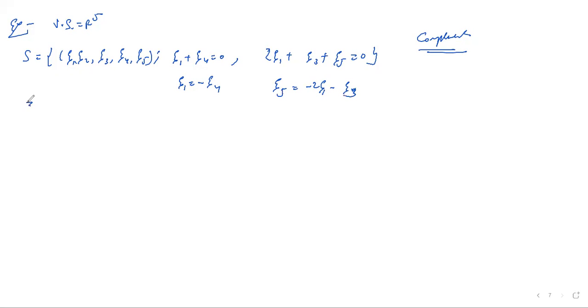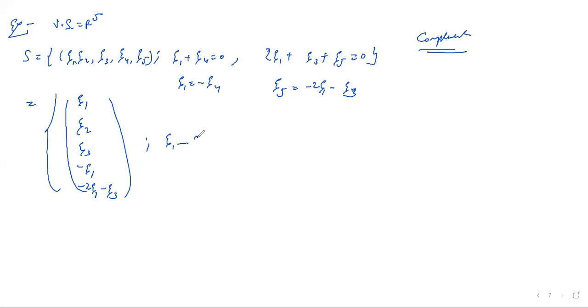So E1, E2, E3, E4 as minus E1, and E5 as minus 2 E1 minus E3, where E1 to E5 belong to R to the power 5.